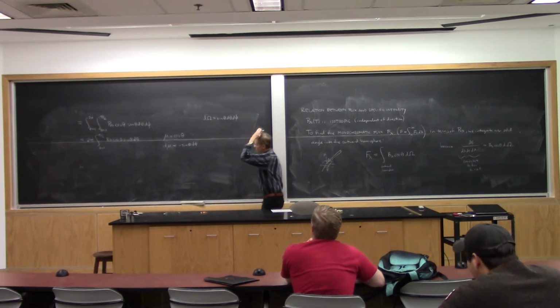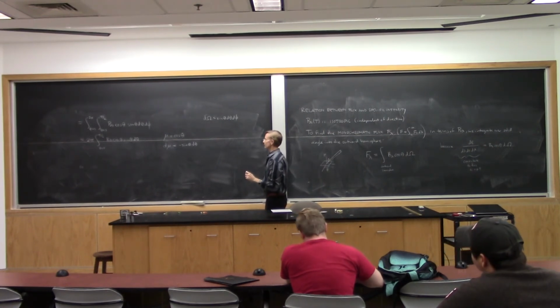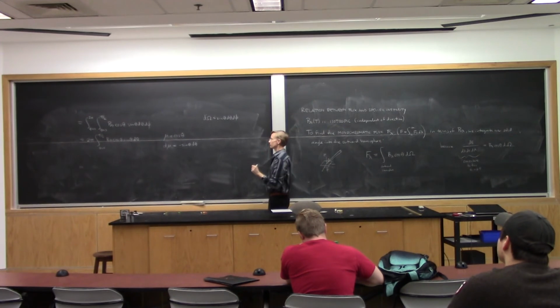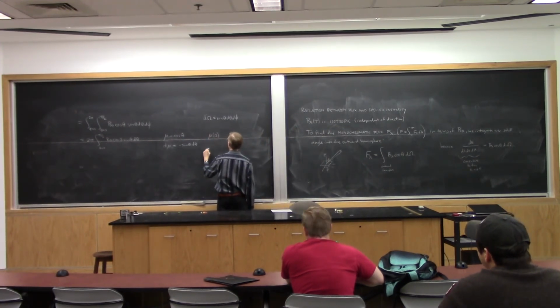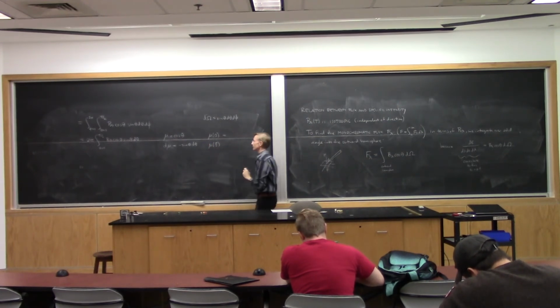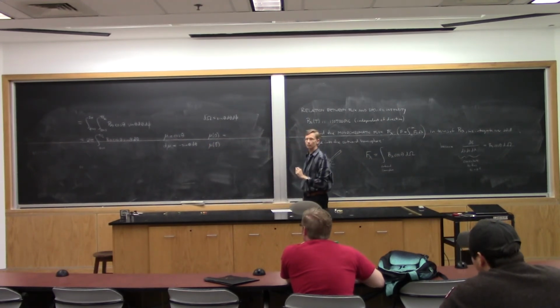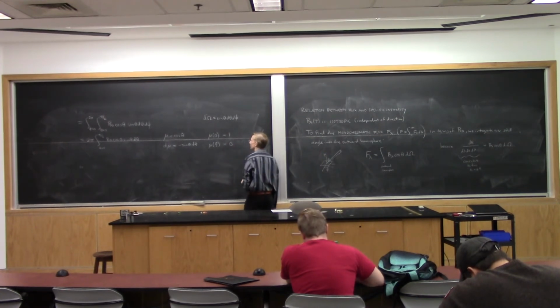And then when we do a definite integral by substitution, we also substitute for the limits. So we want to know what mu of 0 and mu of pi over 2 are. Mu of 0 is 1. Mu of pi over 2 is 0.